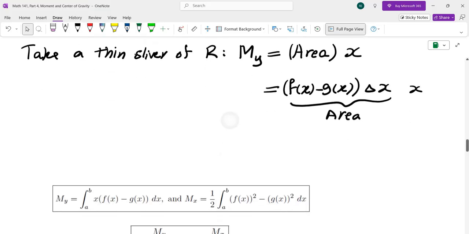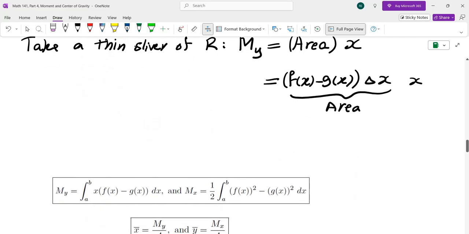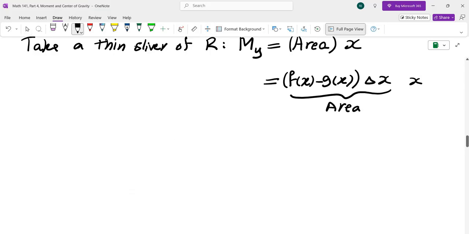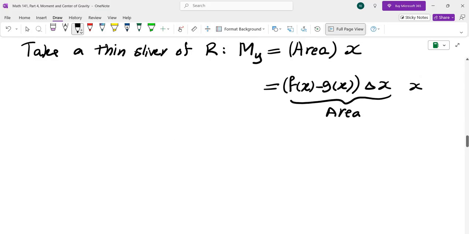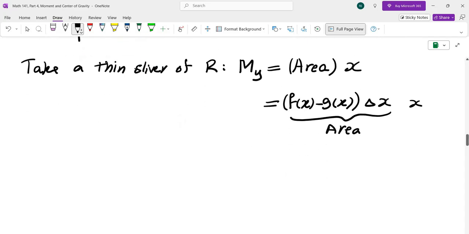Now, once I take a bunch of these slivers and I add them up, I would get a Riemann sum. So let's take the interval from a to b. Let me mark that here. So this is a, and this is b, and I divide this interval into sub-intervals.